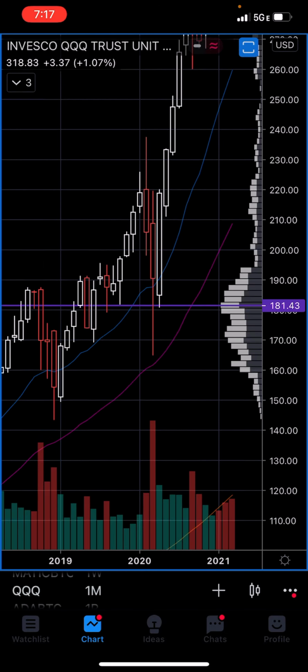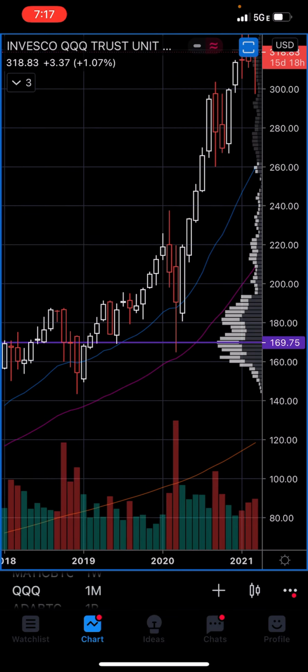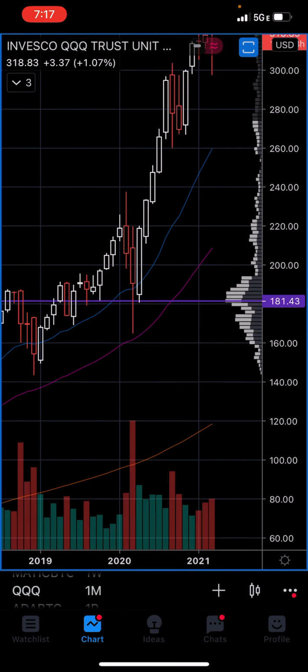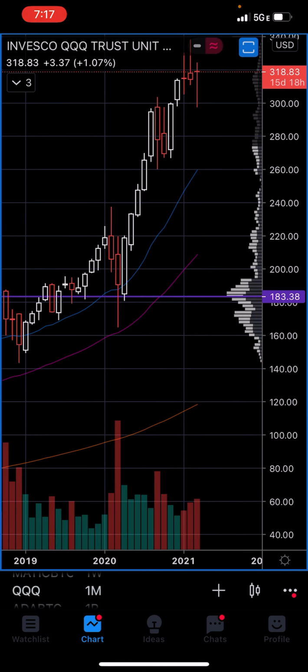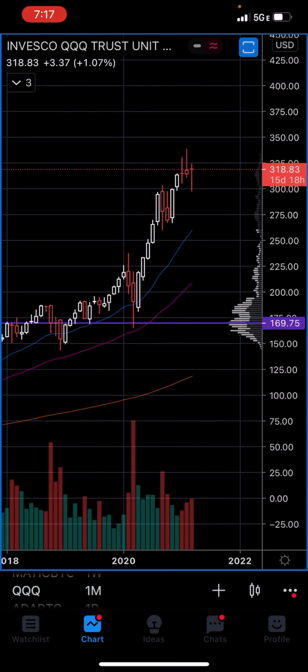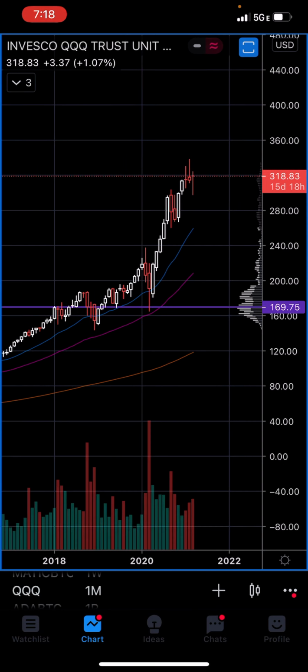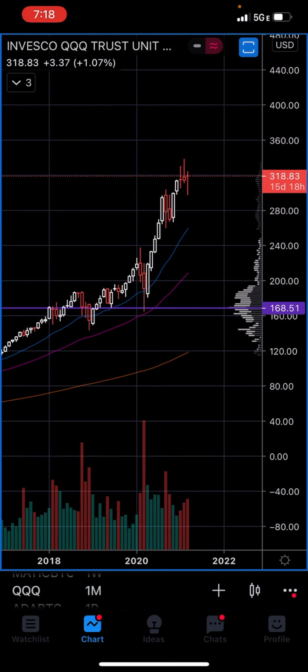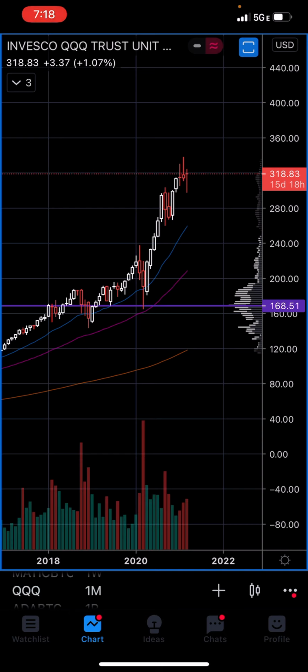Another thing, these lines underneath them are called moving averages. They literally do what they say. They take the average price of these candles over a given time and draw a line graph, and that is also a representation of the trend. You can think of the trend as the water in a river.